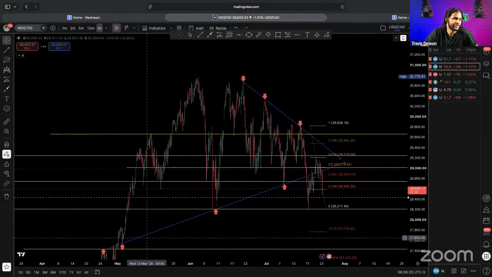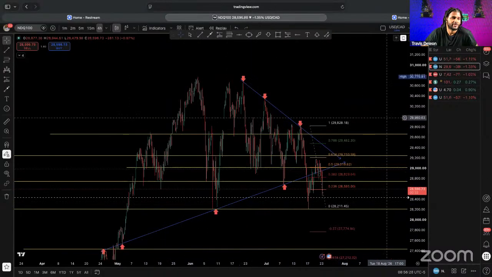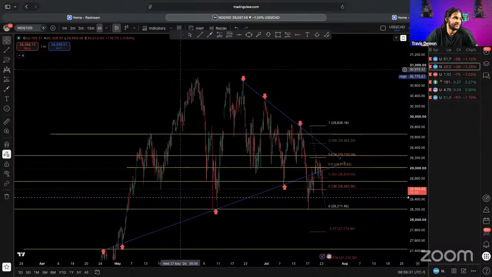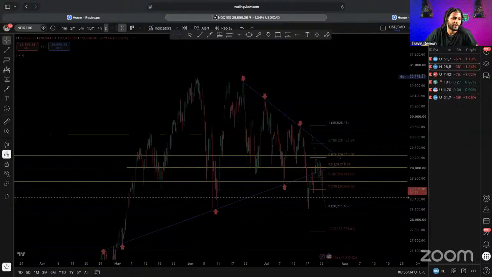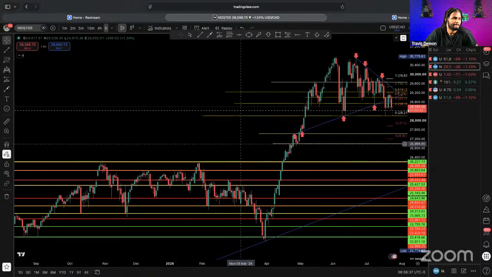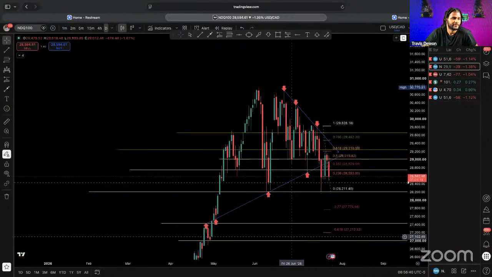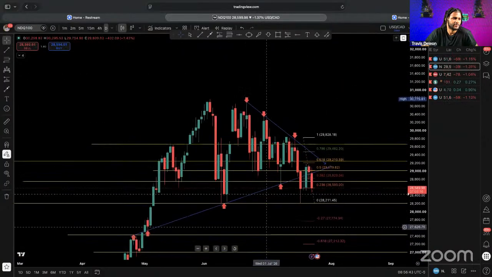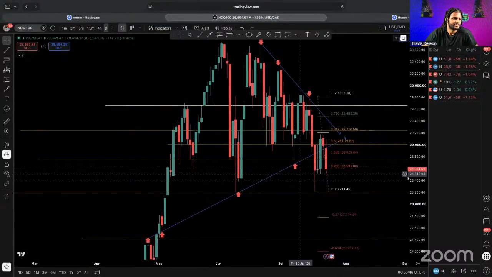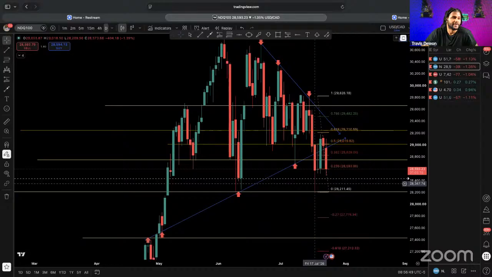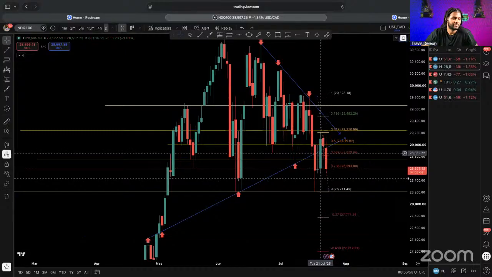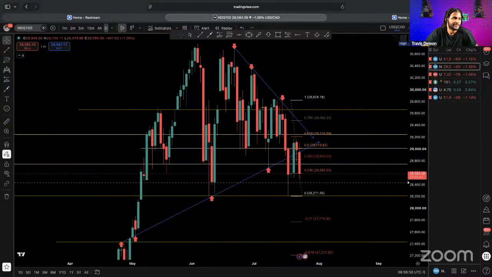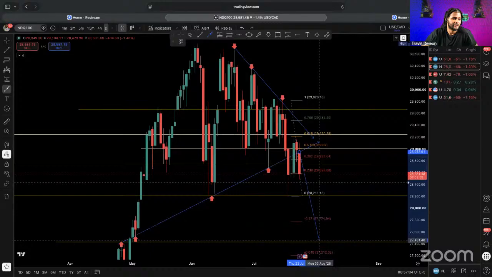NAS is trading in a big symmetrical triangle pattern on the 4 hour, on the weekly, on the daily. It's been trading in that level for a while, with a lot of consolidation along the way. Then we broke out to the downside and had a push back up. It went higher than I was normally expecting, but that is still fine. I'm looking for it to fill into these levels. I'm looking for the 2740, 435 level.